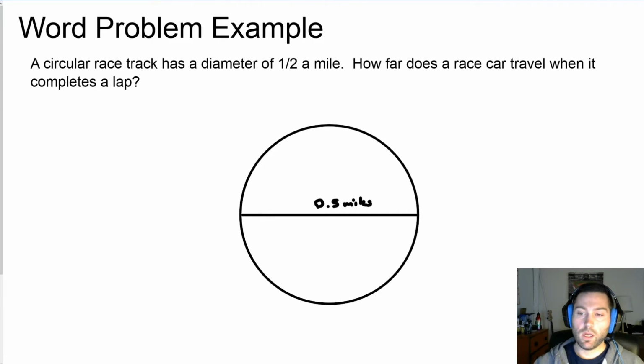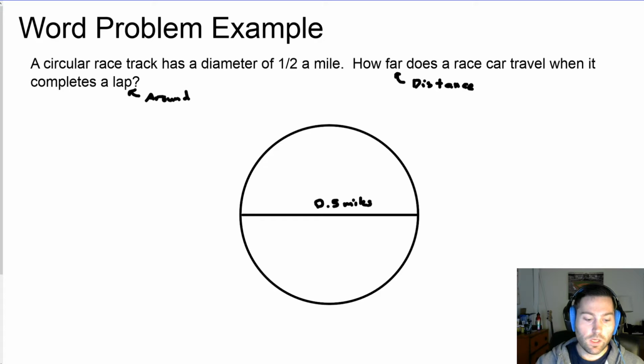And so I'm going to, again, interpret how far does it travel. The word far would indicate distance. And then distance when it completes a lap, I would interpret that as distance around.